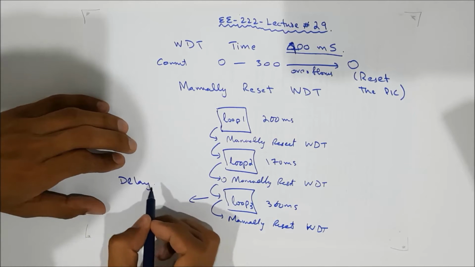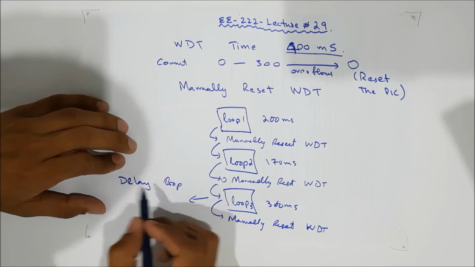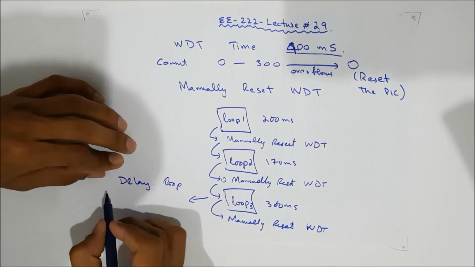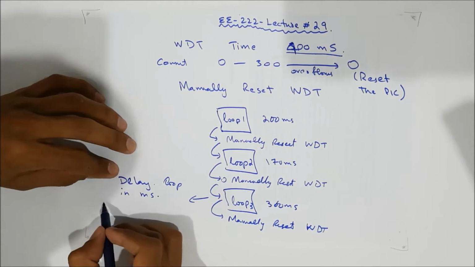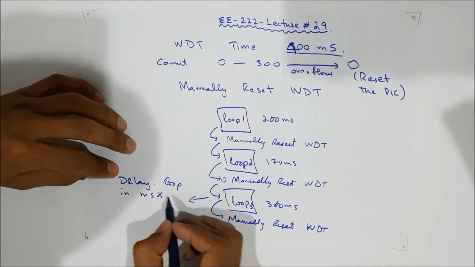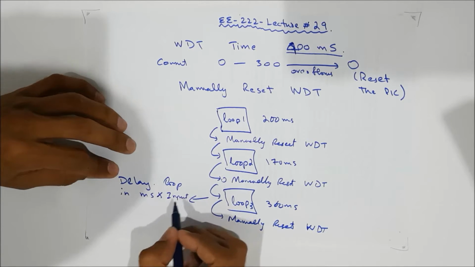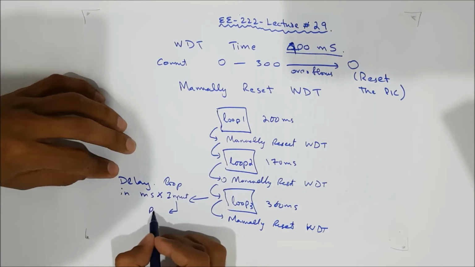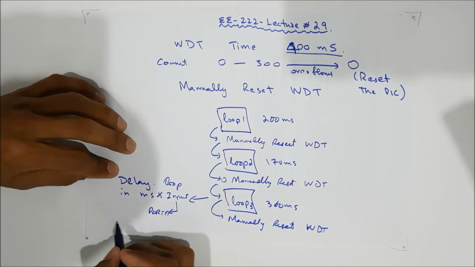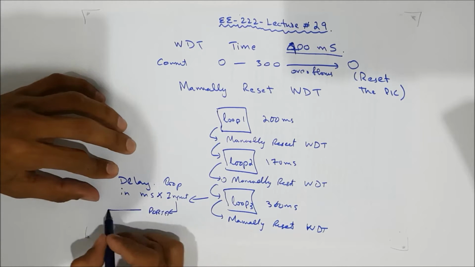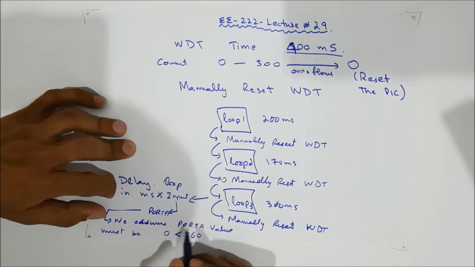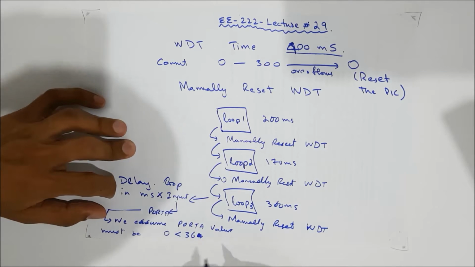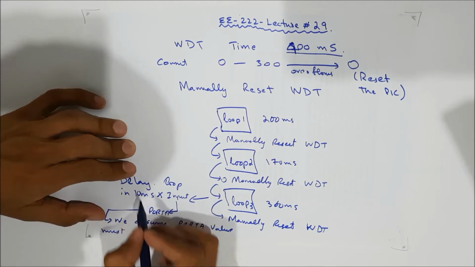This delay loop is in milliseconds, so whatever milliseconds into input, and this input is coming from port A. Now we assume that port A's value can be between 0 to less than 36, and here it is 10 milliseconds.